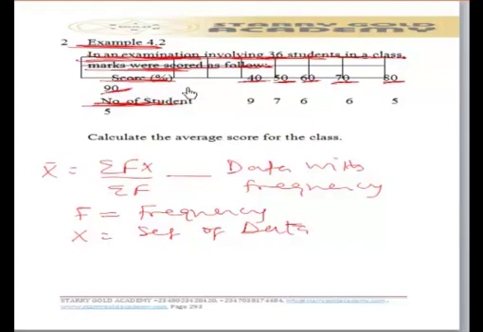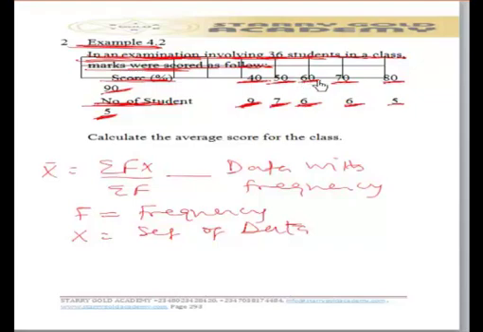On the other hand, we have the number of students taking the respective scores: 9, 7, 6, 6, 5, and 5. So for a score of 40%, 9 students got 40%. For 50%, 7 students got 50%.